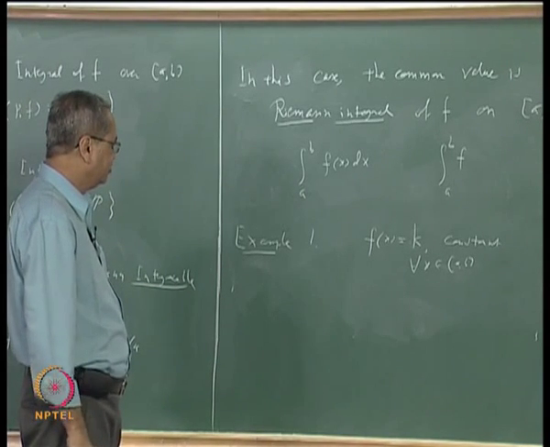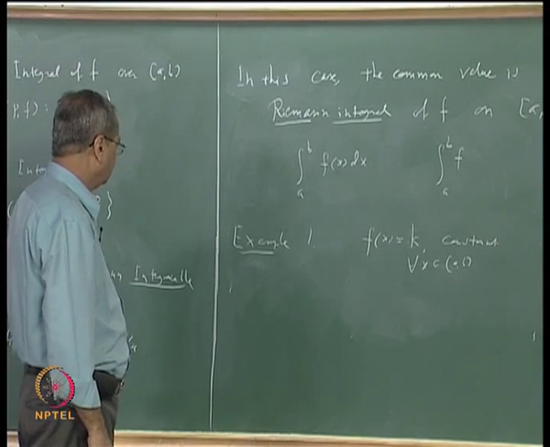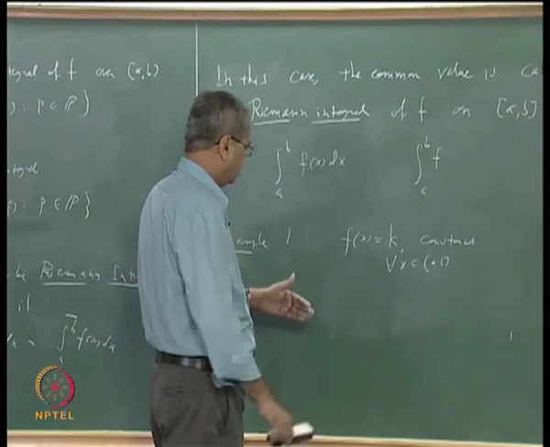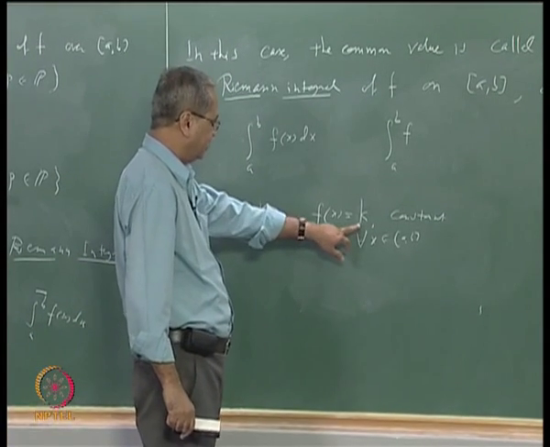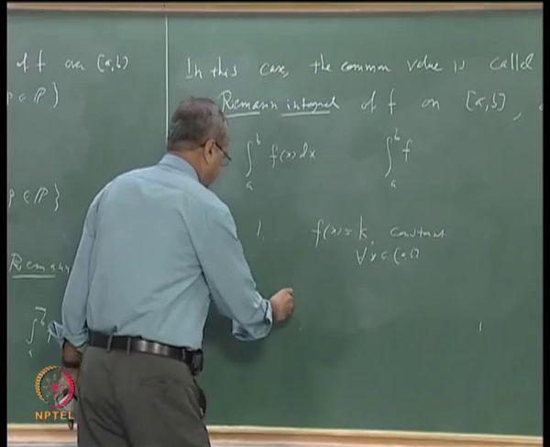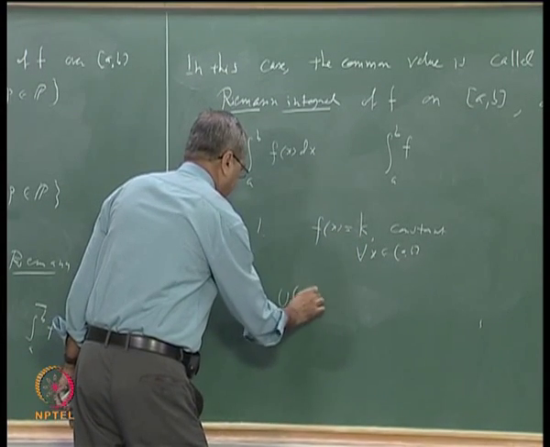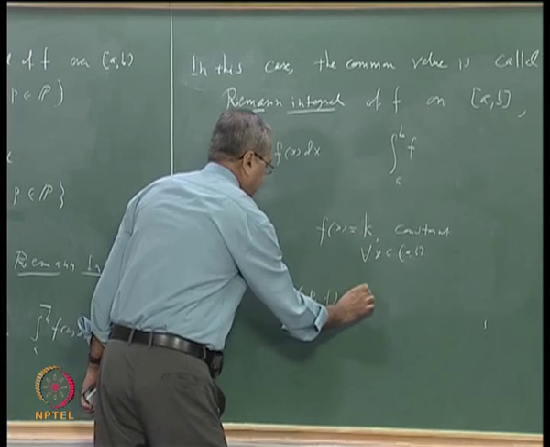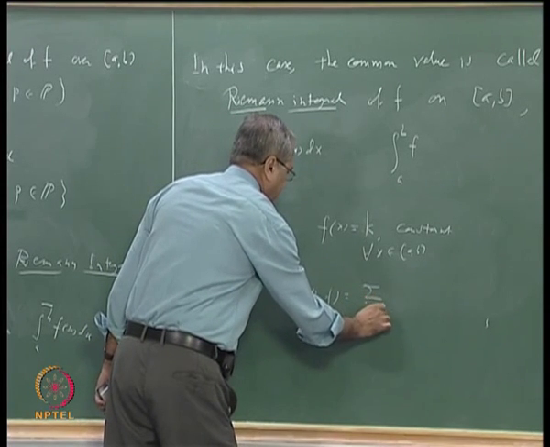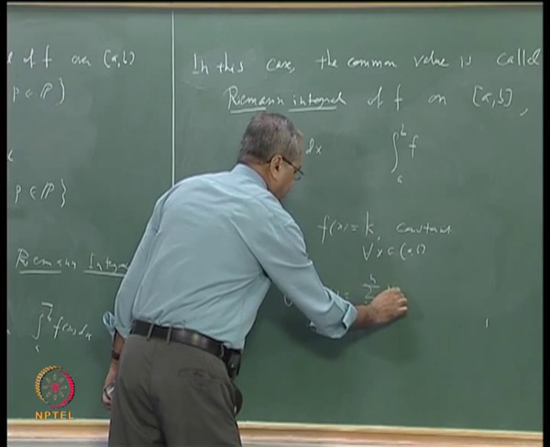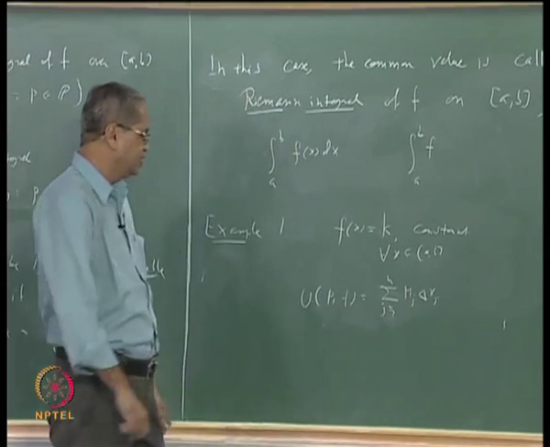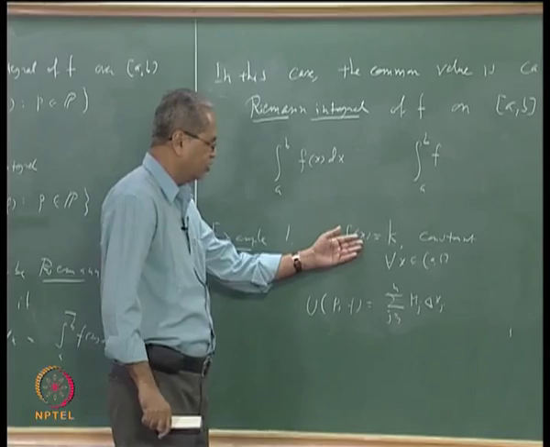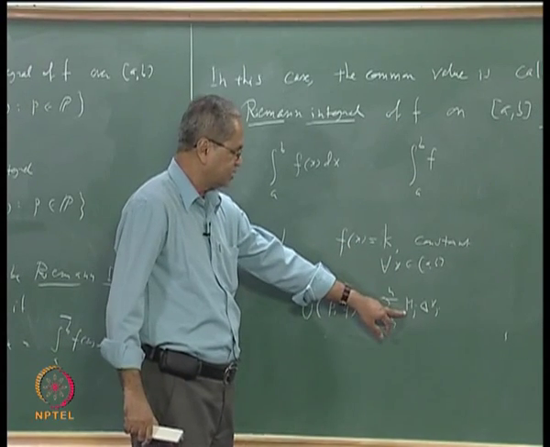Now if f(x) is equal to a constant, then small m_j as well as big M_j over any subinterval will have the same value k. So take the upper sum U(P, f), which is the sum over j going from 1 to n of M_j delta x_j. Since in the subinterval [x_{j-1}, x_j] the function is a constant, its maximum value is k.